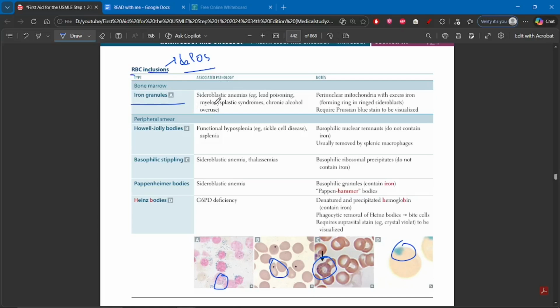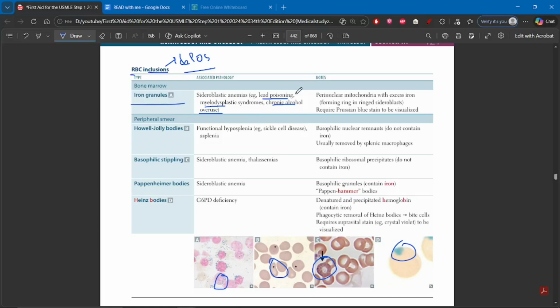Sideroblastic anemia can be caused by lead poisoning, myelodysplastic syndrome, chronic alcohol overuse. The basic concept of sideroblastic anemia is that there is a problem in the formation of heme, and that can occur due to different etiologies.